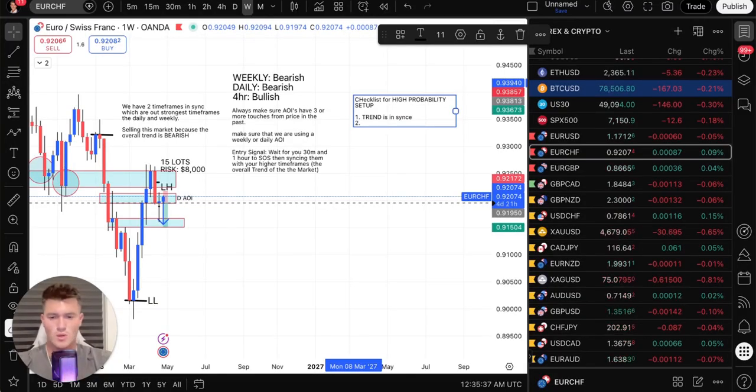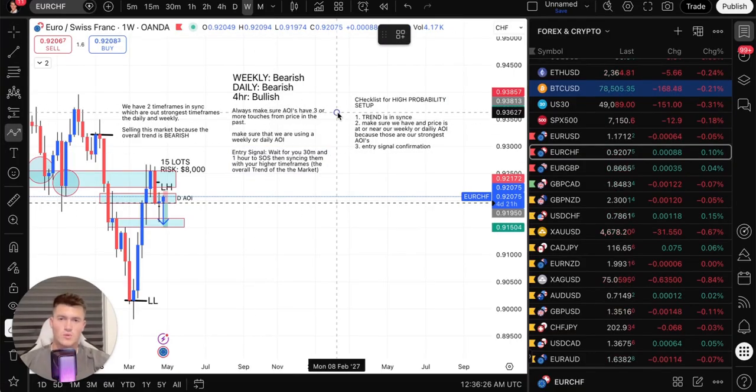Two, make sure price is at or near our weekly or daily area of interest, because those are our strongest areas of interest. And then three, entry signal confirmation. We want to make sure that we can check off each one of these here.